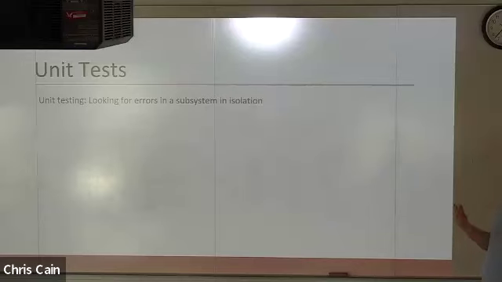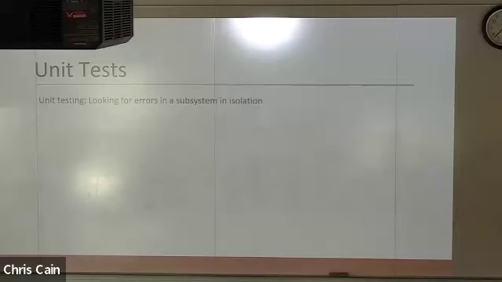And as you're the only developer working on this, the most appropriate kind of test for you will be the unit test. You'll be looking for errors in a particular subsystem in isolation. So you're not going to worry about all the different components that attach to this. You're going to look at a piece of a program and say, all right, I'm going to verify that this piece of this program does what I expect.